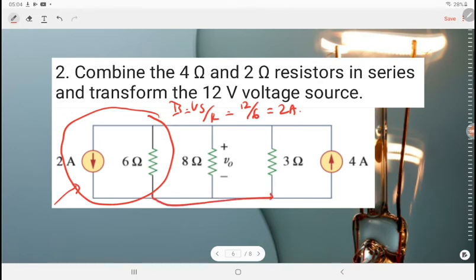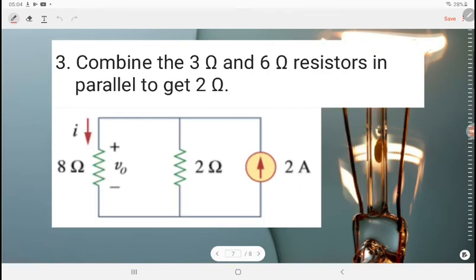Bear in mind, you cannot combine 6 ohm with 8 ohm, because the value that we are looking for is actually at the 8 ohm. So please don't change the 8 ohm configuration. 3 ohms in parallel with 6 ohms gives you 2 ohms.